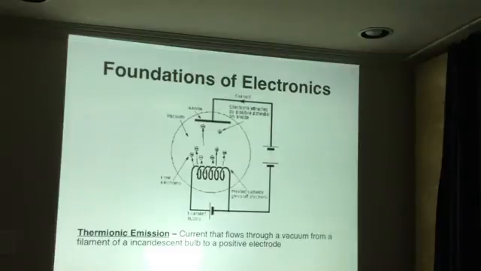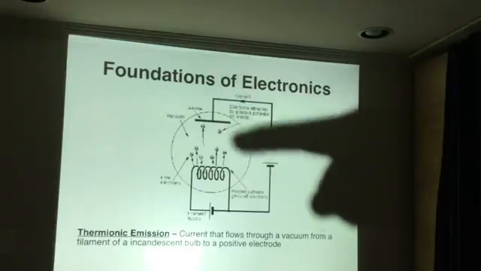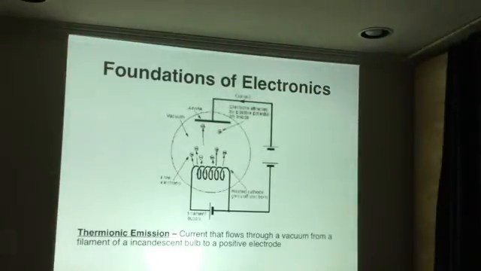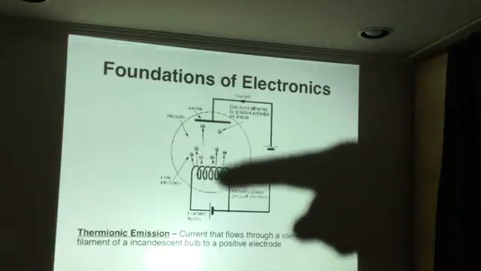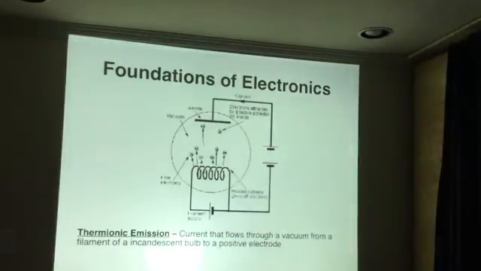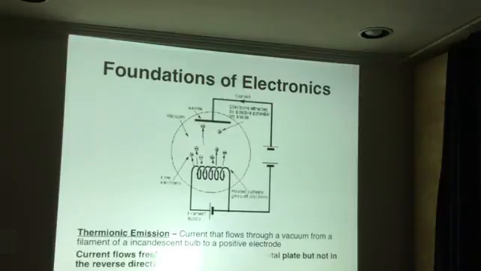But what he also found was the fact that the filament radiated electrons, and those electrons would go and attach to or be captured by this positively charged electrode. And this emission of electrons was called thermionic emission. And though he patented the idea of thermionic emission, he did not realize the full use of such a device.